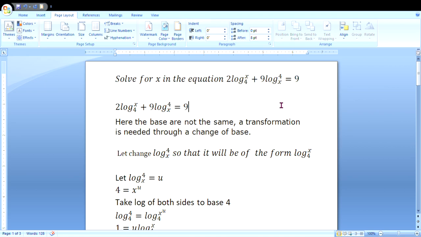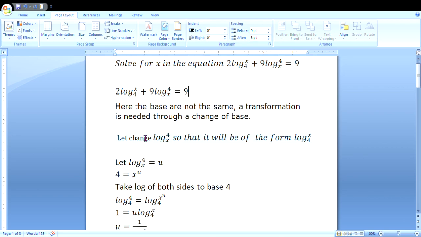Now, since the bases are different, we need to adopt a transformation so that we can make the bases look the same. This can be done through one of the laws of logarithm, change of base.